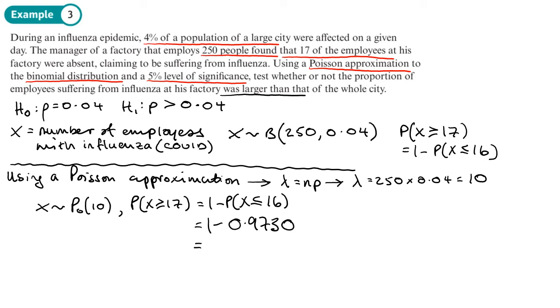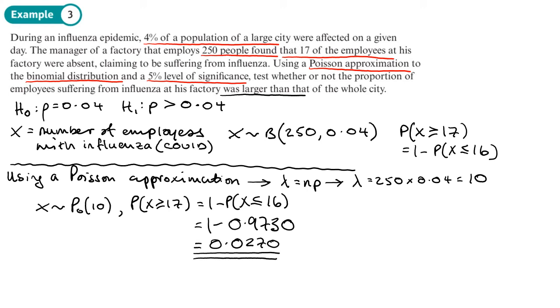Now here I'm going to go back to my calculator, and I'm going to do 1 minus answer, and I get 0.0270 to 4 decimal places. Okay, so I've got my calculated probability.